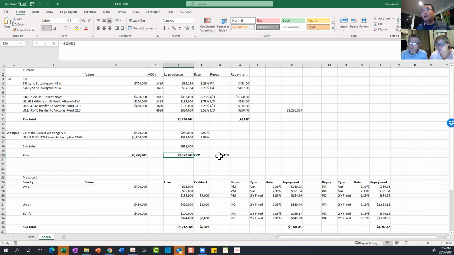So the overall LVR will be 61%, well under 70%, which is good. So we can get the best interest rates from Westpac.